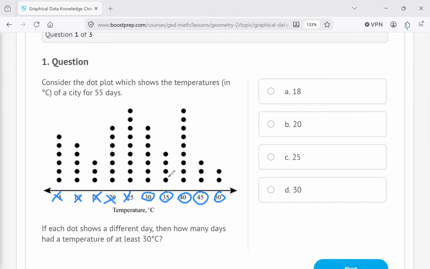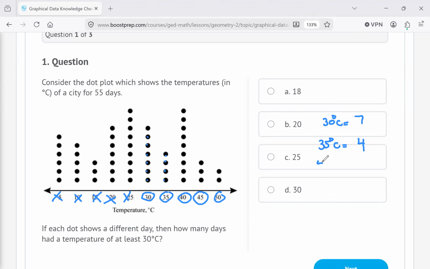So let's just write it down. Let's start with 30 degrees Celsius. How many days was that? You would have to look at it and count how many dots. There's 1, 2, 3, 4, 5, 6, 7. And then 35 degrees Celsius, it would be 1, 2, 3, 4.